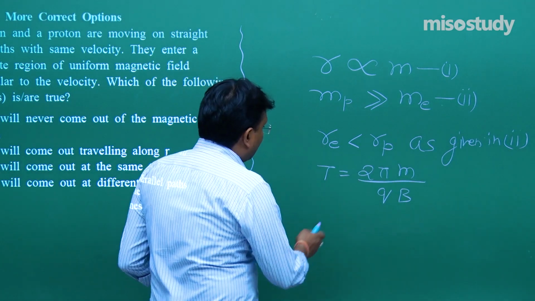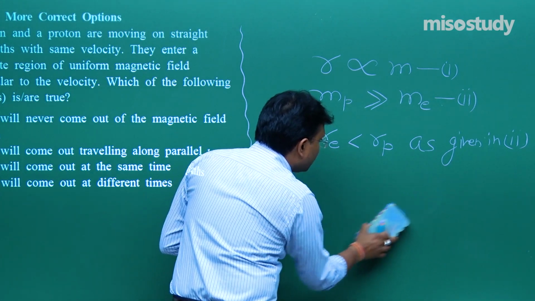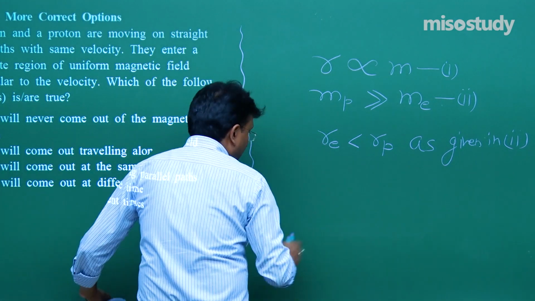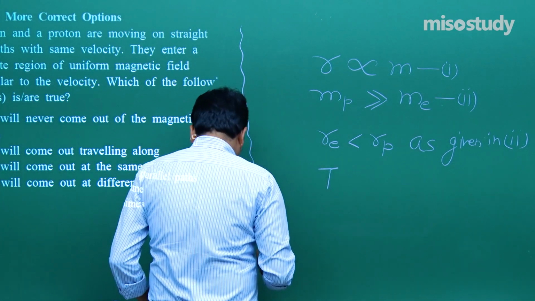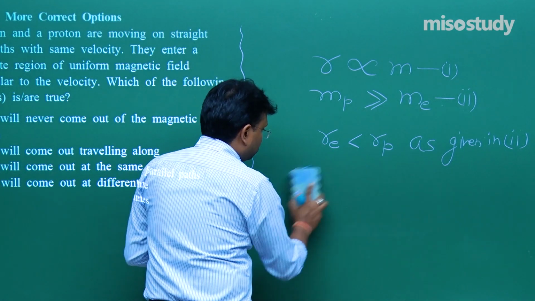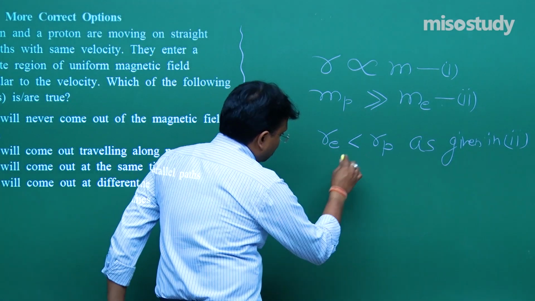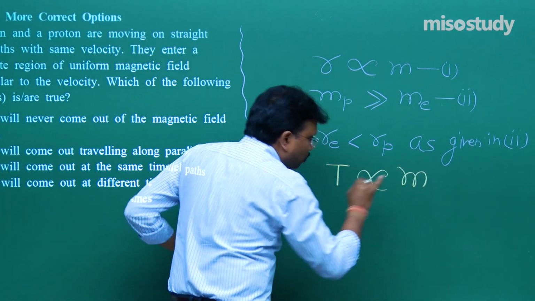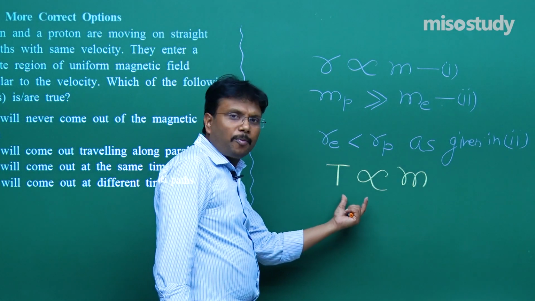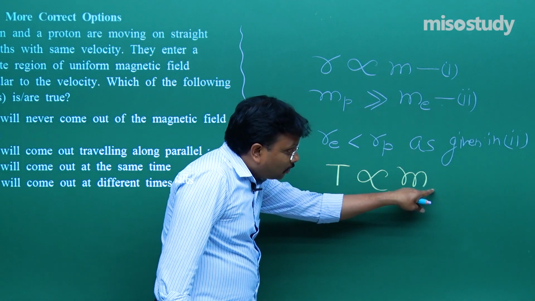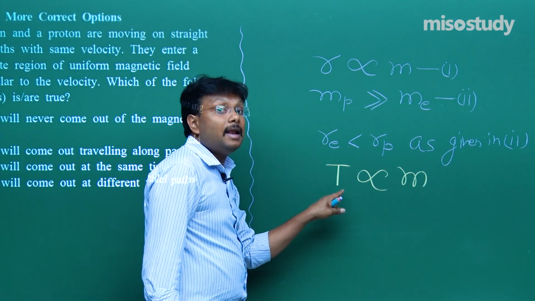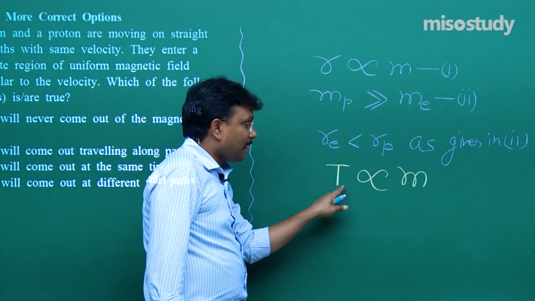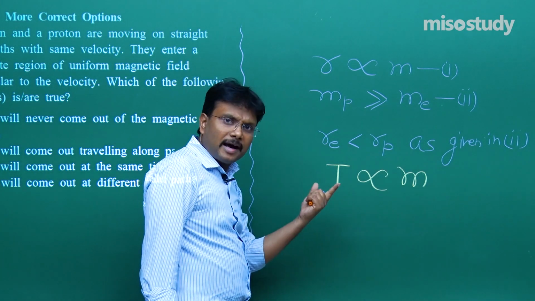So from here T is directly proportional to m, you will say yes, no problem. So the mass of electron, Te, is less, the mass of proton, Tp, is more, acceptable.